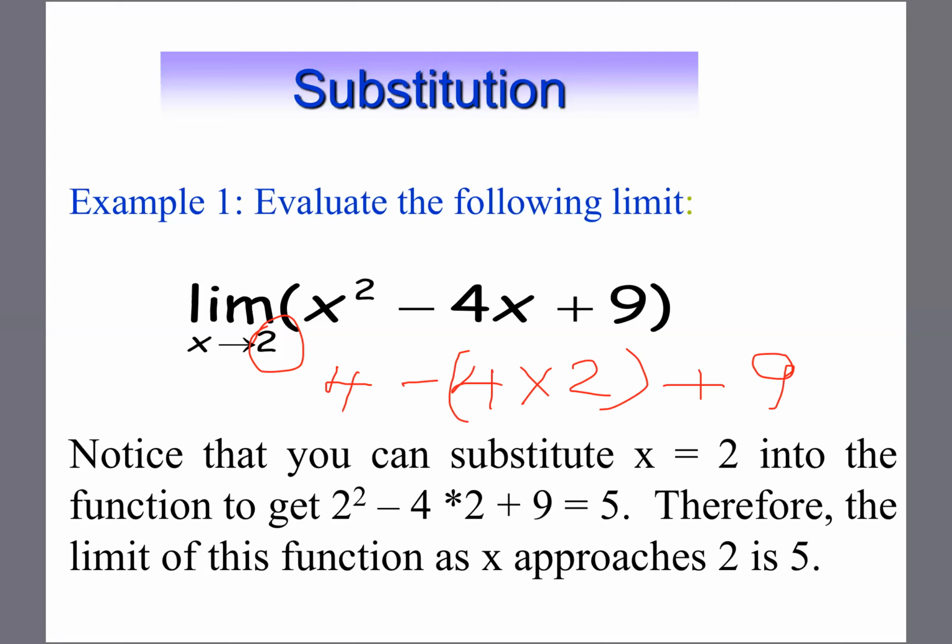So the value is 4 minus 8 plus 9. All together the plus values are 13, the minus value is 8. Therefore the final answer is plus 5. That means we have a value. So finally we can say the limit of this function as x approaches 2 is 5. It's okay.